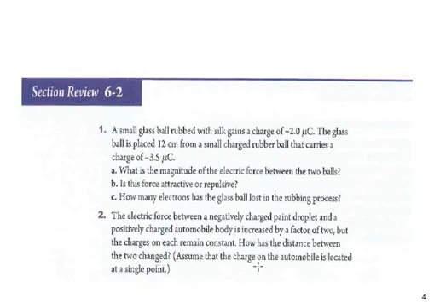It says assume that the charge on the automobile is located at a single point. So you will think about it and answer it according to the relation between distance and force. We answered this before in the notes if you can check. Thank you for listening.